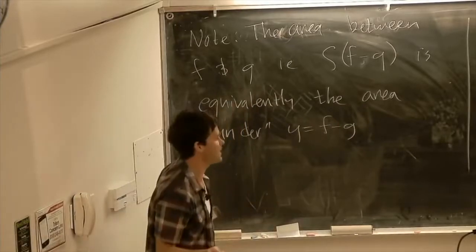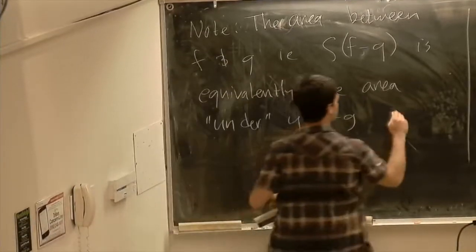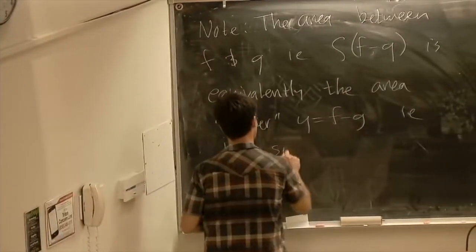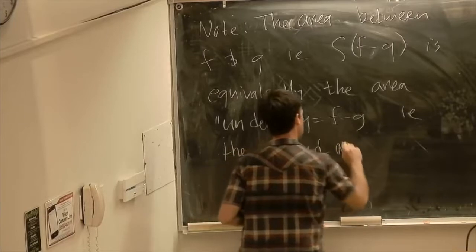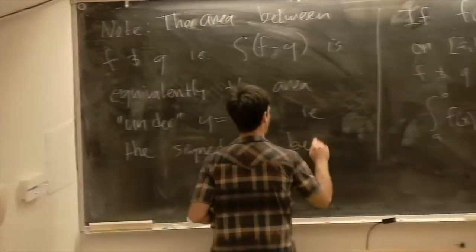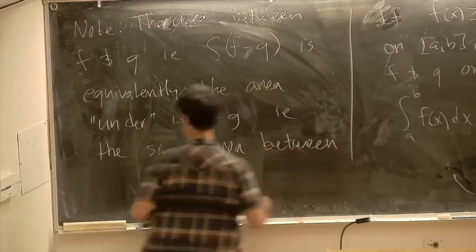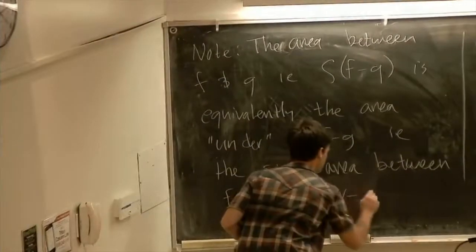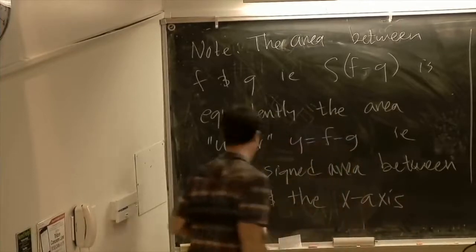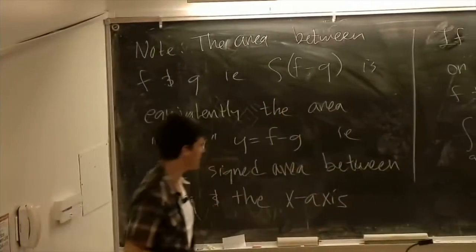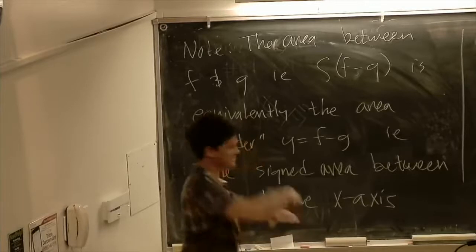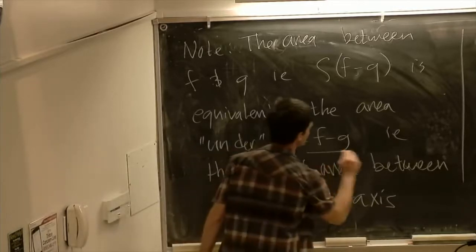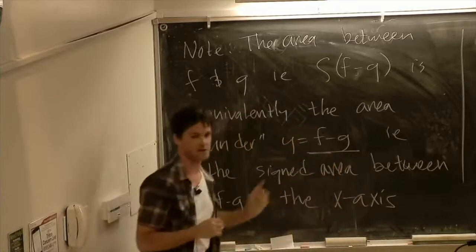So that's another way to think about this: the signed area between f minus g and the x-axis. That's a totally equivalent way of thinking about these area problems. You could think of it as the area between two graphs, or as the area underneath this, but above the x-axis.